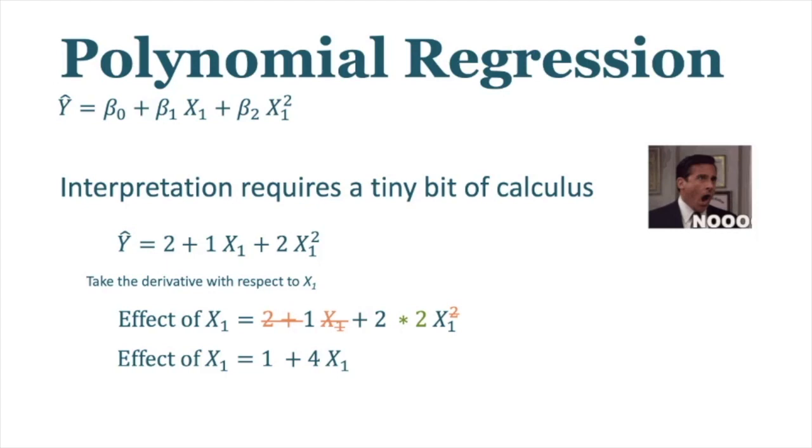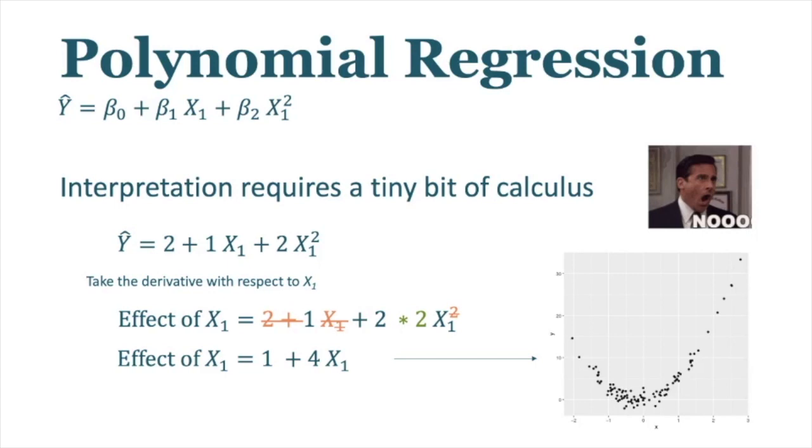And I'll show what this means in just a moment. But the idea is that depending on where you are on x1, the effect of x1 is going to be different. So consider this plot. So here, depending on where we're at, the effect of x1, or the effect of what changes in y when we move x by 1 unit, depends on where you're at on x1.